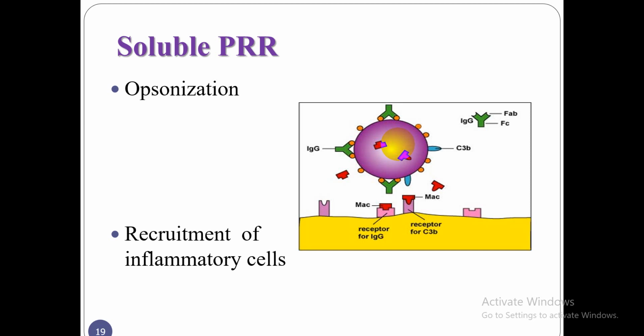Also, some of the components of soluble PRRs can recruit the inflammatory cells to the site of the infection. So by opsonization, they can facilitate the uptake of the microbe, and also they can stimulate the recruitment of inflammatory cells to the site of the infection.